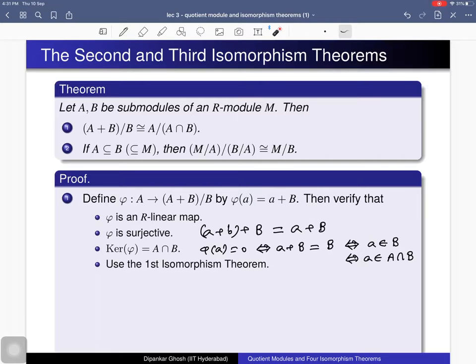The second statement, we call it the third isomorphism theorem. You consider two submodules A and B of M, and suppose you have a relation between them.